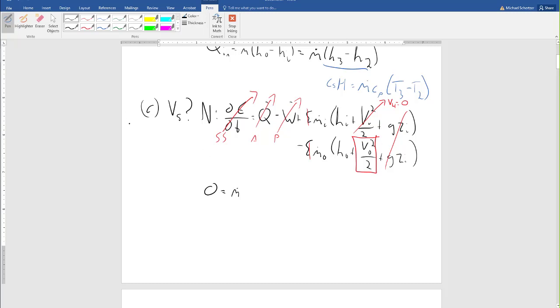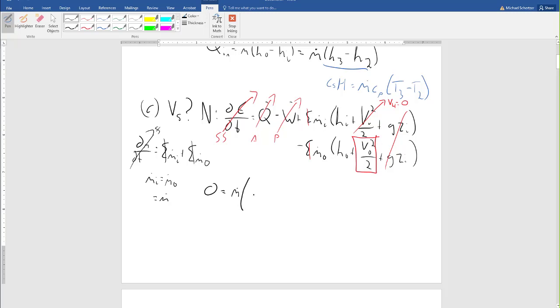I could convince myself of this: dm/dt is equal to the sum of m dot in minus the sum of m dot out. But because we're at steady state with one inlet and one outlet, m dot in is equal to m dot out. I'm just going to call that m dot.